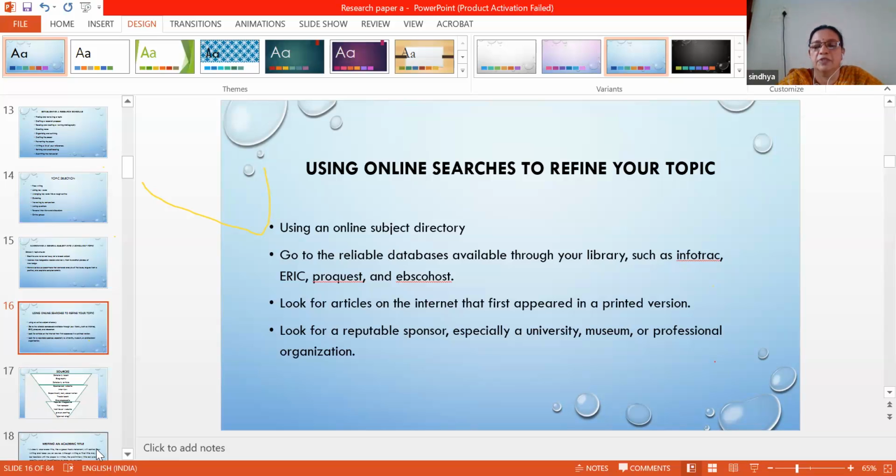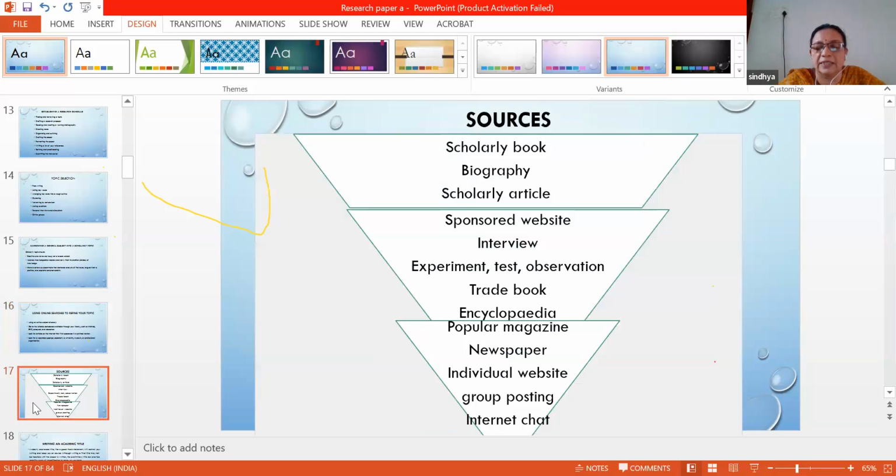For the printed version, you can search, and you can visit a museum, university, or a professional organization. Wherever the sources are available, you can approach those sources and finally refine your topic, so that the topic selected will be without any flaws, so that you can conduct the research smoothly.